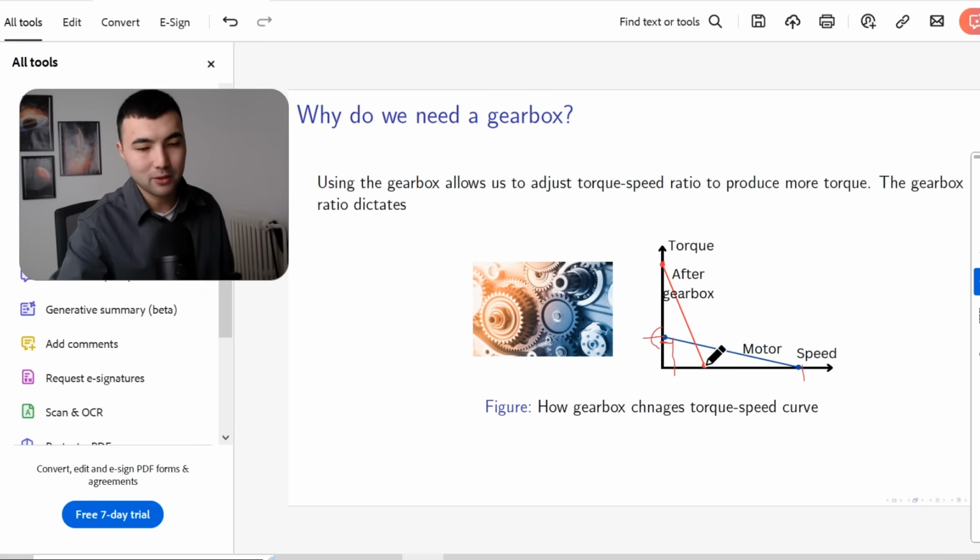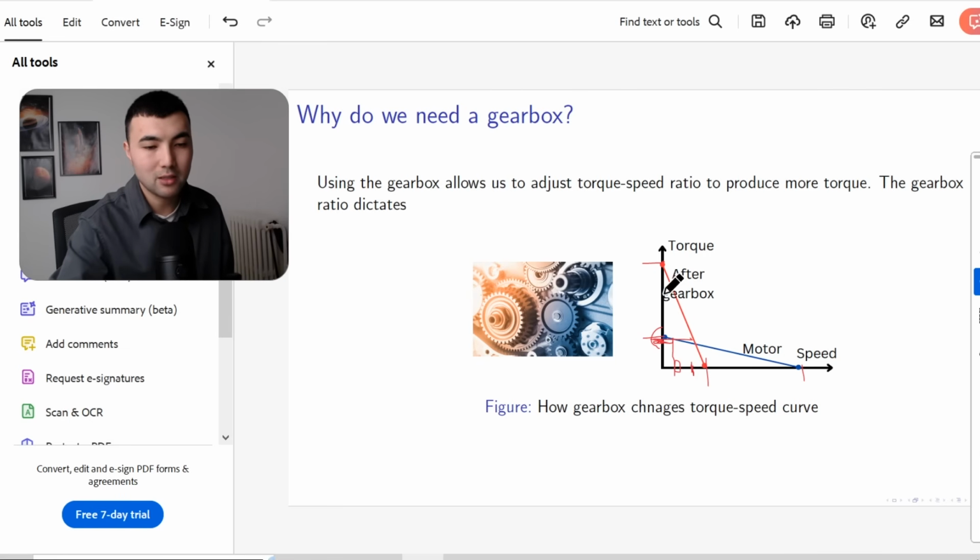Unfortunately we can generate less speed, but we have a lot of torque. Here, for example, I show this point. If I apply this torque, instead of getting just this speed, with this line, if we do the projection, we have this speed. You see the advantage of the gearbox.